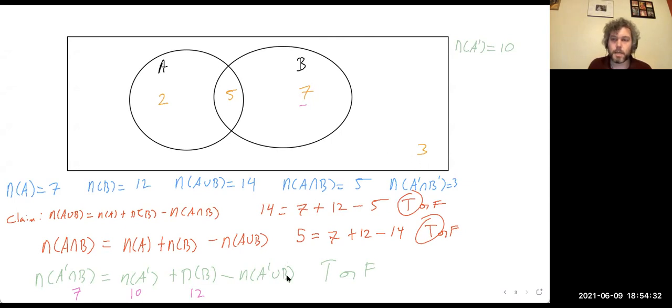But B is unioned with A complement, so everything in B gets added in. So this A complement union B is this 5, this 7, and this 3. Does that make sense of where I'm getting that from? So I claim that that's 15.